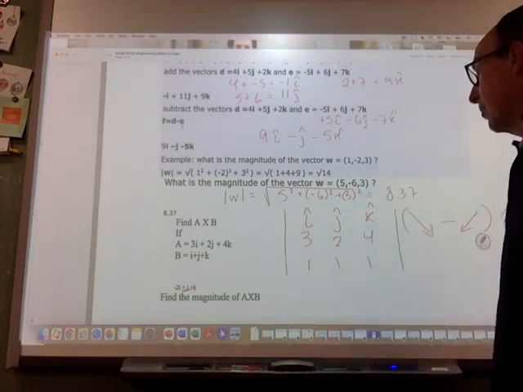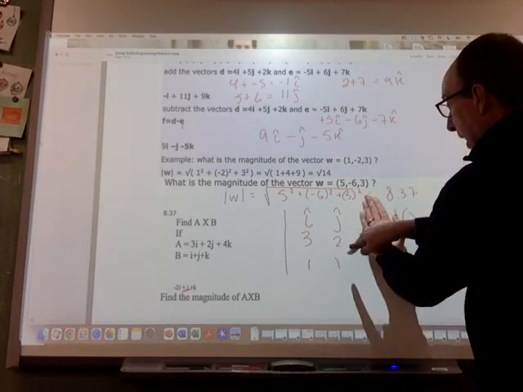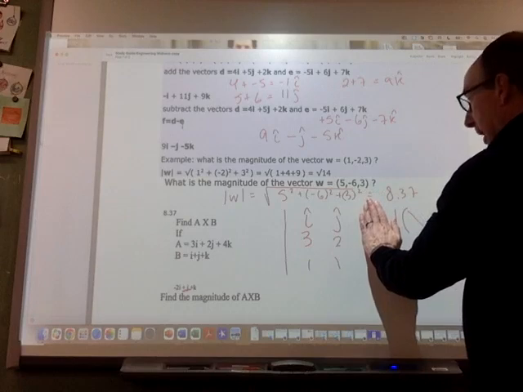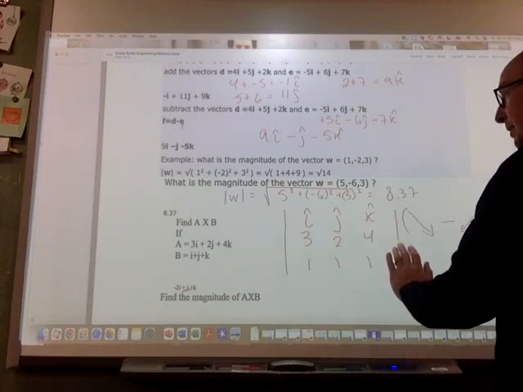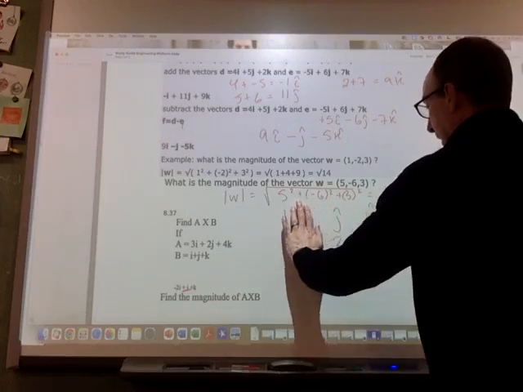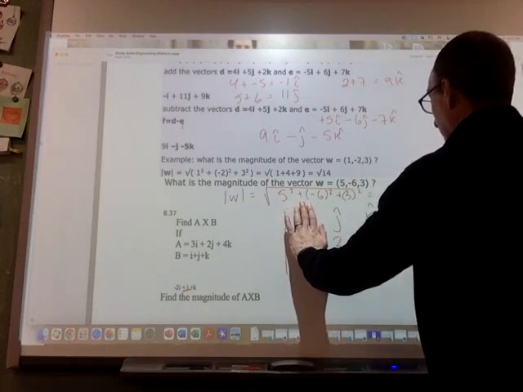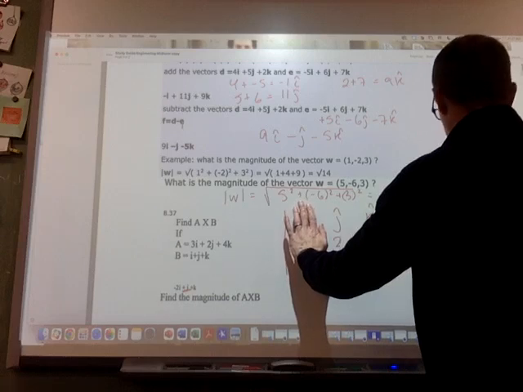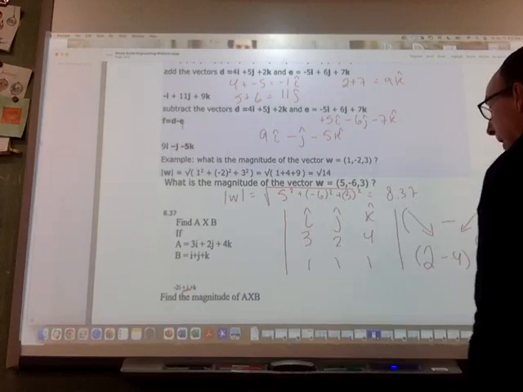So I'm going to take 2 times 1 minus 4 times 1, covering up the wrong thing, huh? So I'm going to have 2 minus 4 i hat, which is negative 2 i hat.